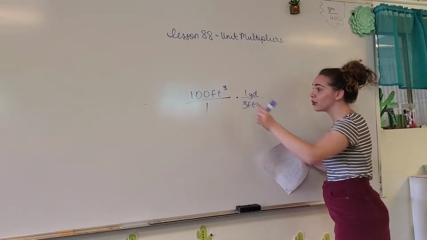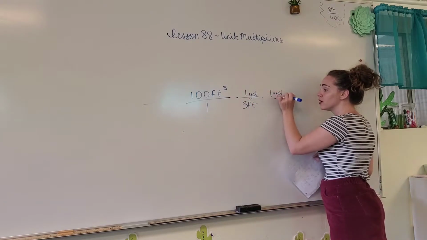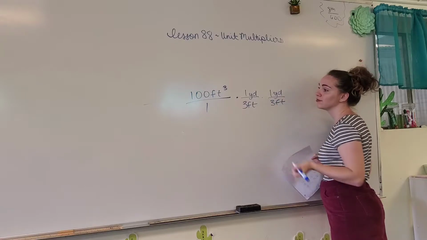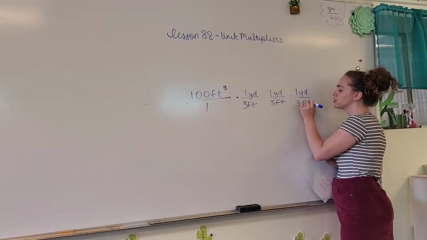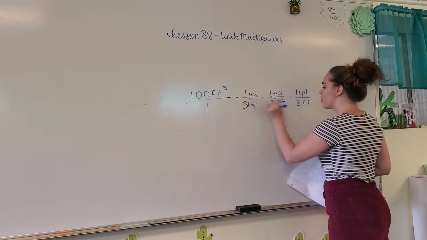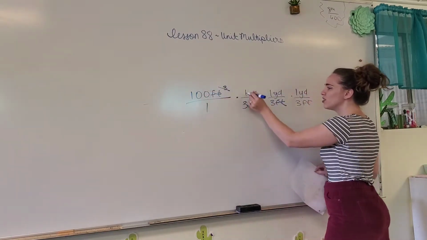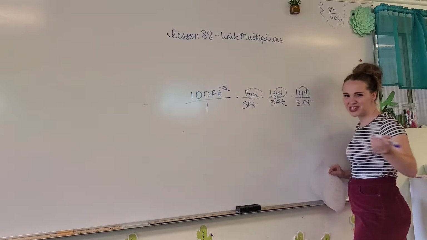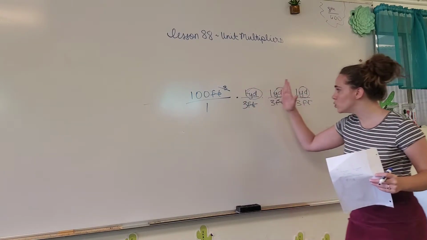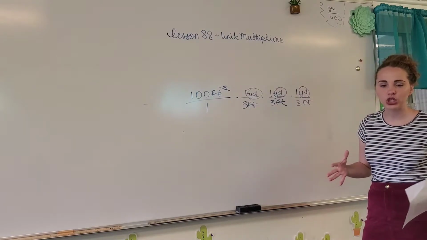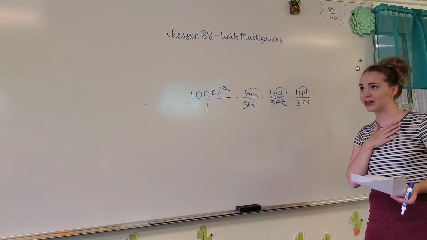Got to do it again because that only gets rid of one of them. 3 feet. That's only 2 of them. One more time. So that gets rid of all 3 feet. That also gives me yards cubed. That's what we want. So it's really good to do these because it shows you what's going on with the units, and that's part of why I love them so much.